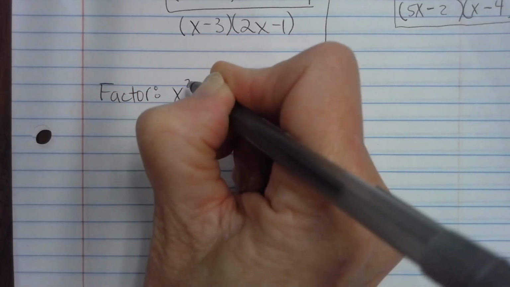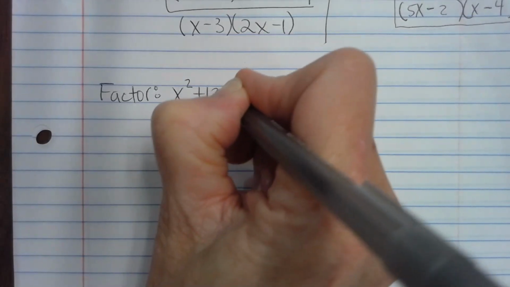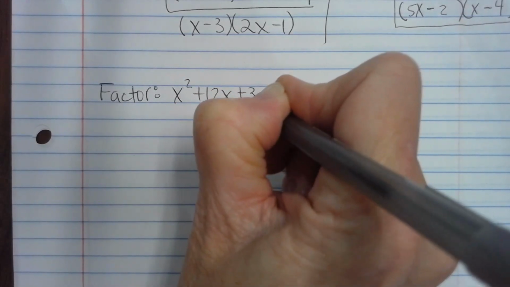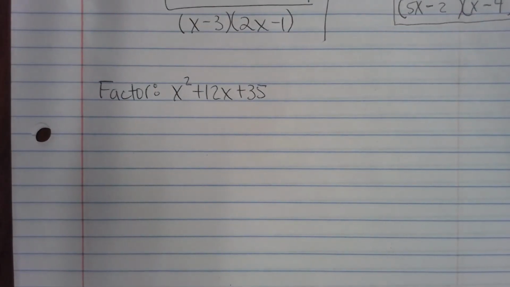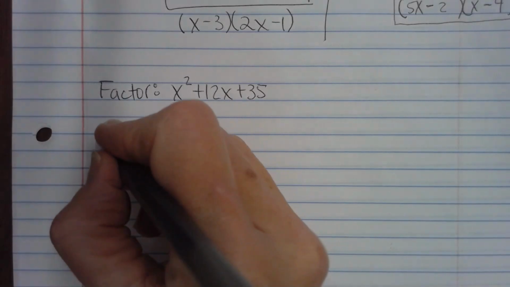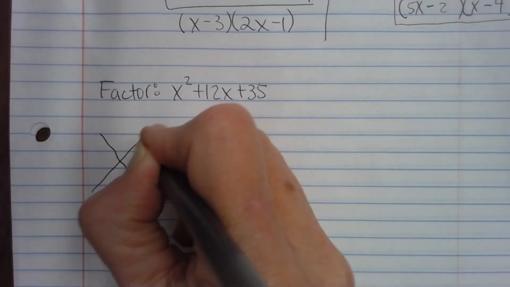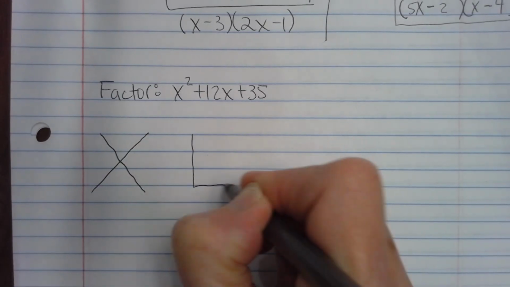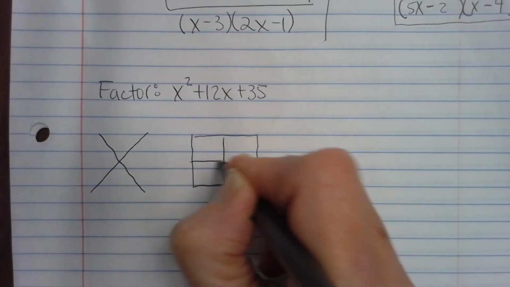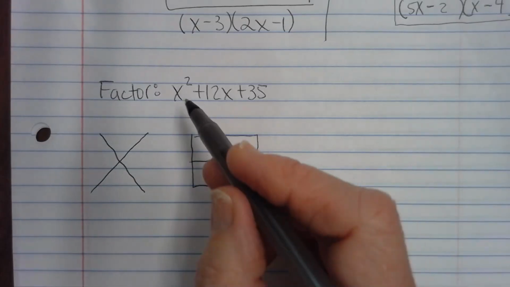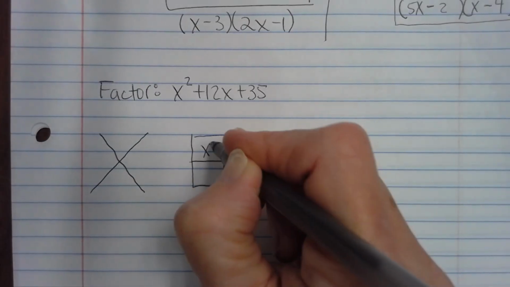So we're going to factor x squared plus 12x plus 35. Now, I'm going to do this one with you because something's going to happen here. First term goes in the first box.